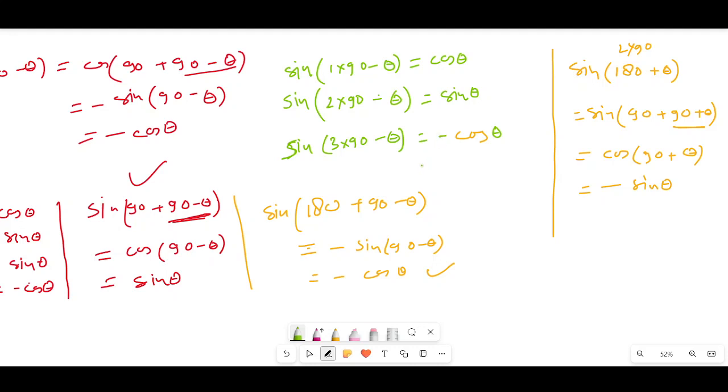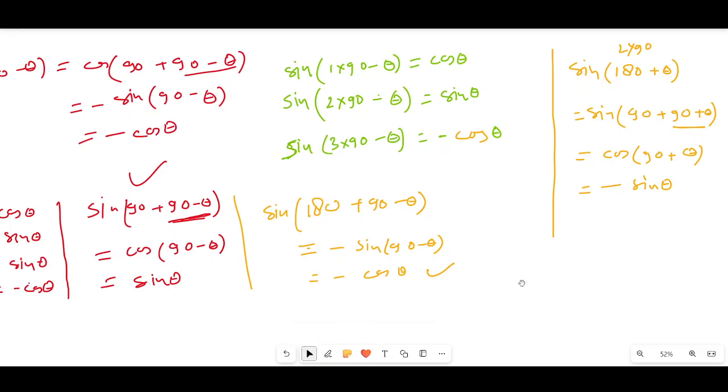The sign is minus, because we are entering the third quadrant, and in the third quadrant the value of sine is negative. Clear? Sine and cos will change according to the quadrant.